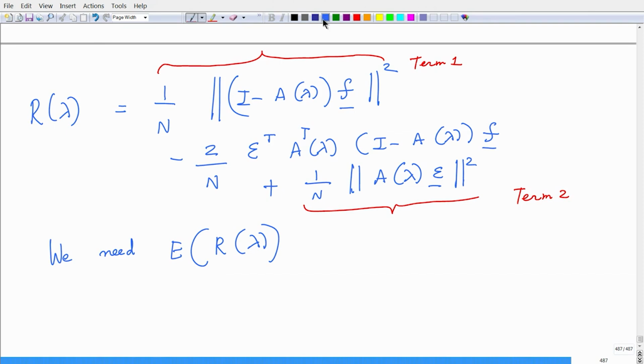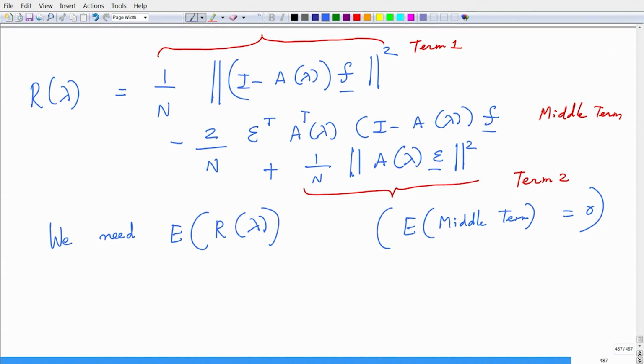Right, and this term, let me indicate the middle term. Expectation over the middle term is 0. Right, so we just have to compute the expectations over terms 1 and 2.